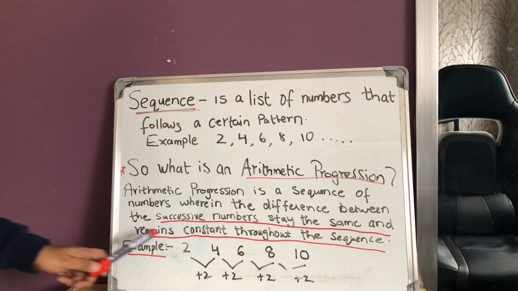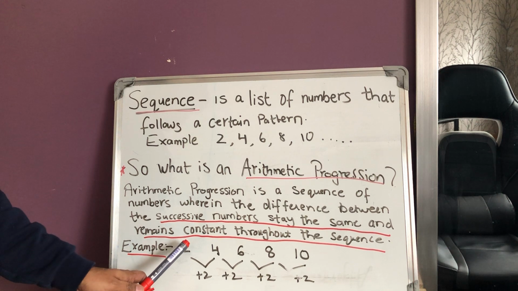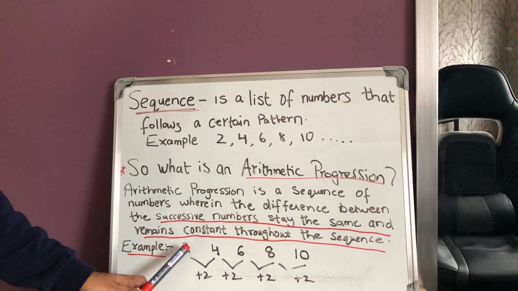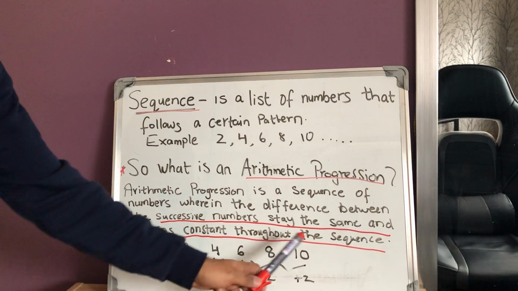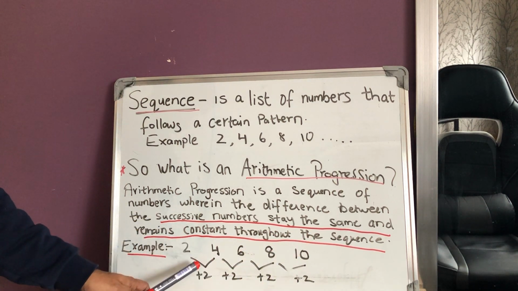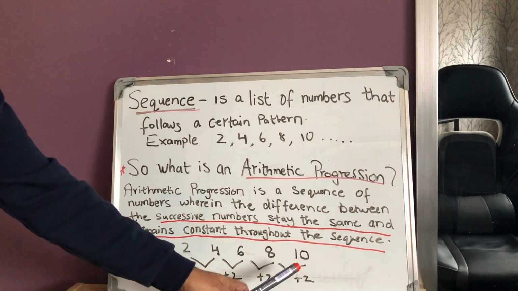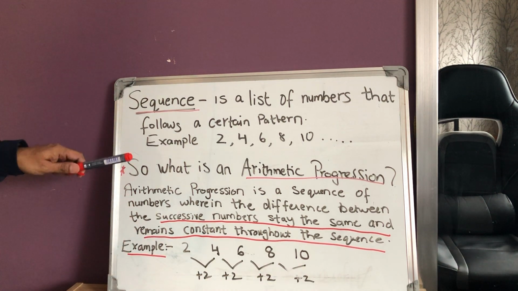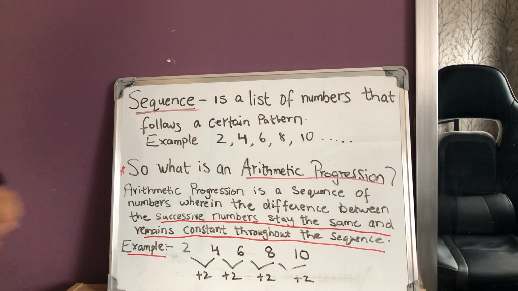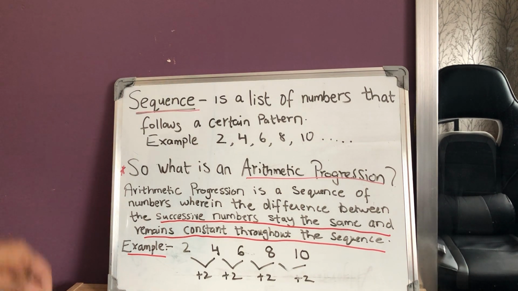So in this example, you see that between 2 and 4, 4 and 6, 6 and 8, 8 and 10, there is a difference of 2. And this is known as an arithmetic progression. Is that easy to follow? Okay, let me show you an example.